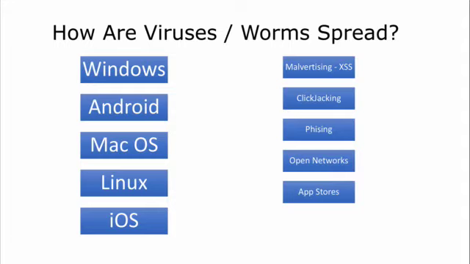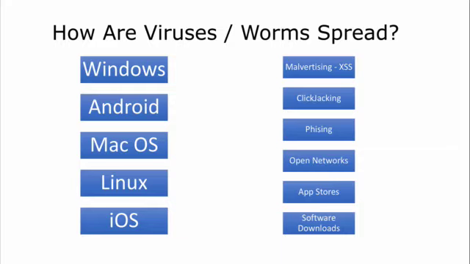Make sure that they are written by reputable authors and are signed and certified, etc., by the operating system. And then finally, software downloads. As always, any downloaded software off the internet must be scanned, and that is a very big vector for viruses and worms to take hold and then spread from there.